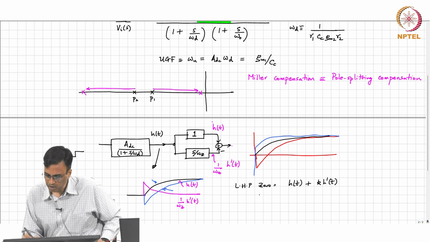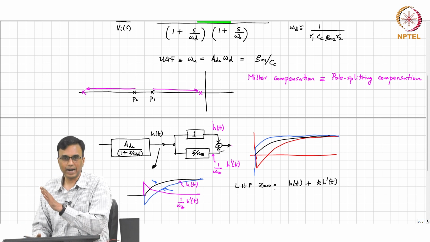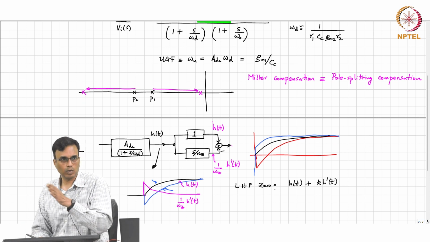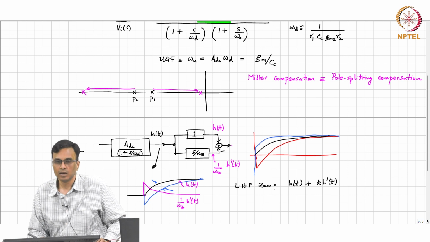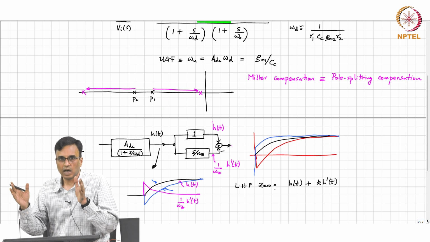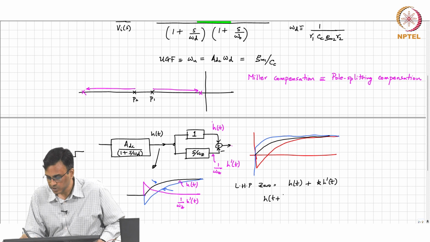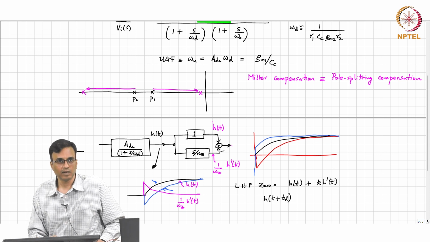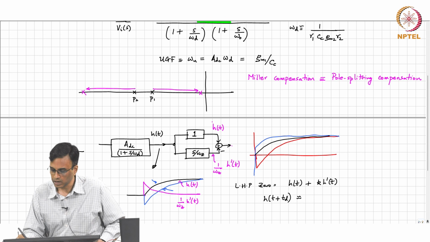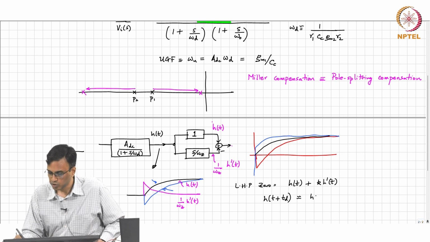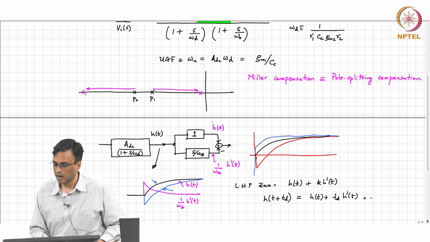If you want to advance a waveform h of t by a time td, the advanced version is h of t plus td. For small td, if you expand it in Taylor series, it looks like h of t plus td times h prime of t, and so on.